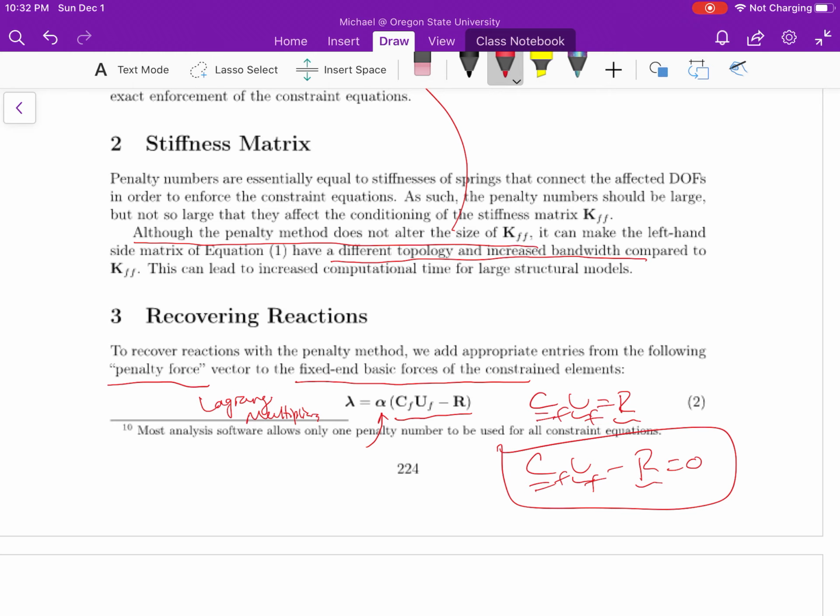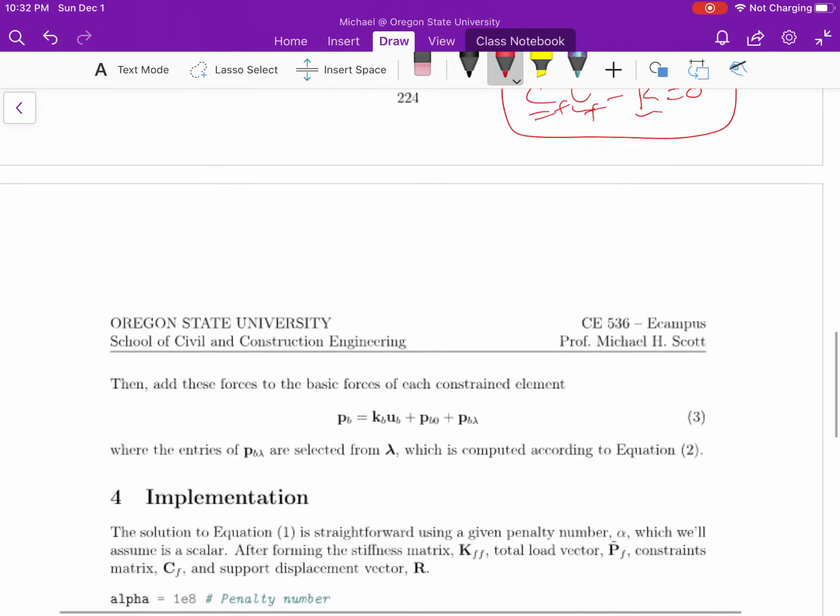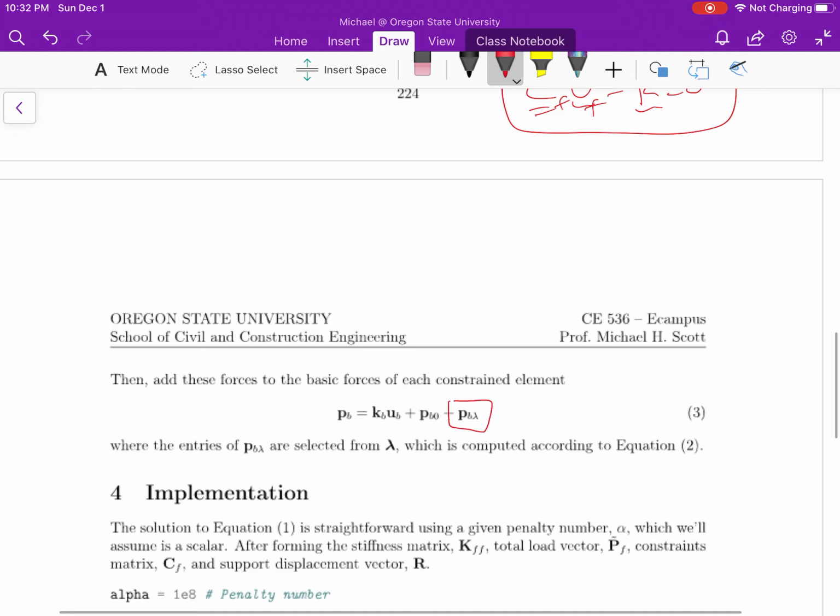And then from that we can get these basically penalty forces that we need to add into the elements during force recovery. Just like with Lagrange multipliers, we add in this PB lambda, where each lambda comes from a constraint equation.